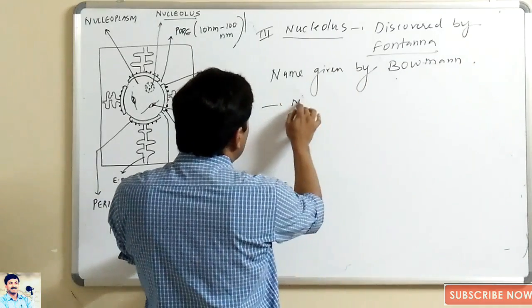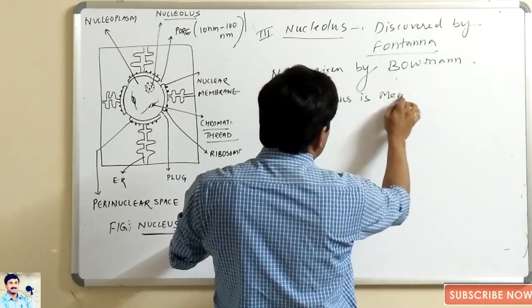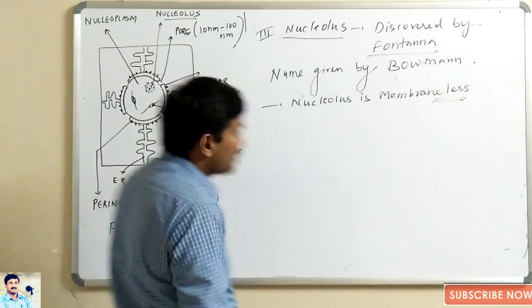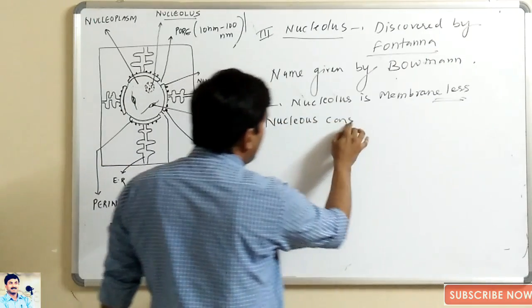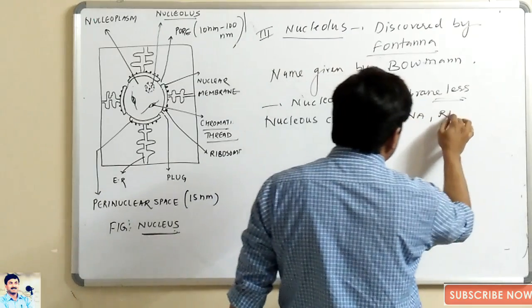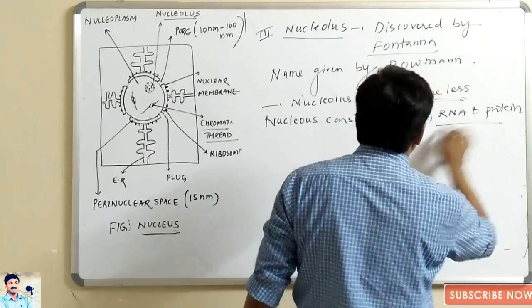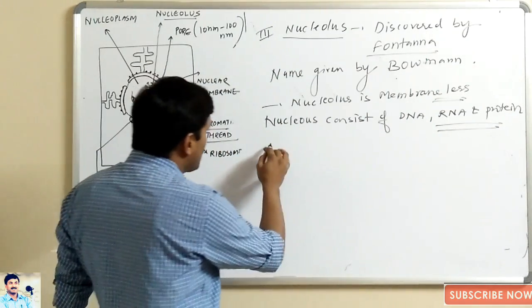Okay, Nucleolus is membrane-less. Nucleolus consists of DNA, RNA and protein. It consists of DNA, RNA and protein.